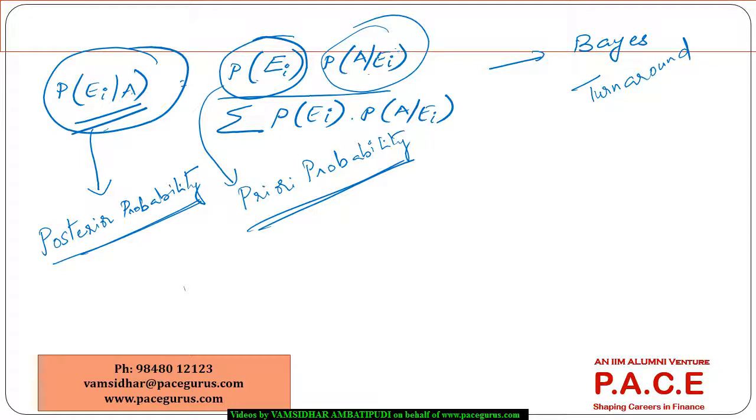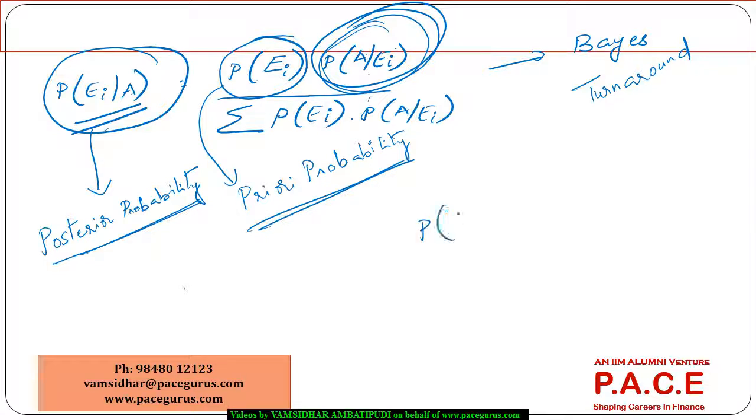And we know that the event A has occurred. So if I have to find out the posterior probability, we have to know the probability of A occurring given Ei has already occurred. And in the denominator, I'm looking at the probability of A occurring. And if the probability of A occurring is what I'm looking at, it is nothing but the total probability, the law of total probability being used.